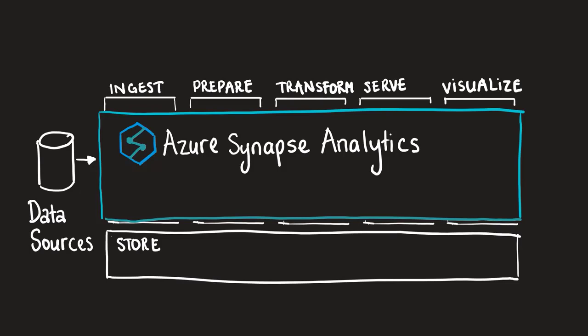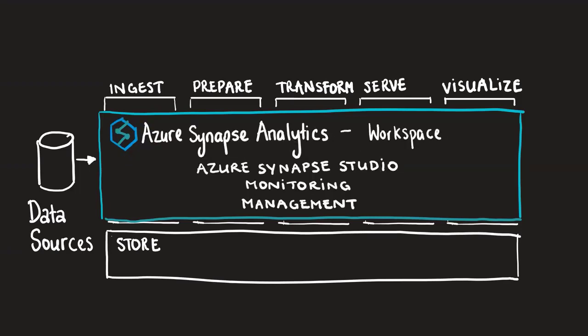But when we do put up an Azure Synapse Analytics, we get a few things that span through all of these steps in this data project. So let's start with those. Because when we put up an Azure Synapse Analytics workspace, what we get is the Azure Synapse Studio, which is the user interface that we can use to really work with all of these steps and all of the components and tools that we have within Azure Synapse Analytics.